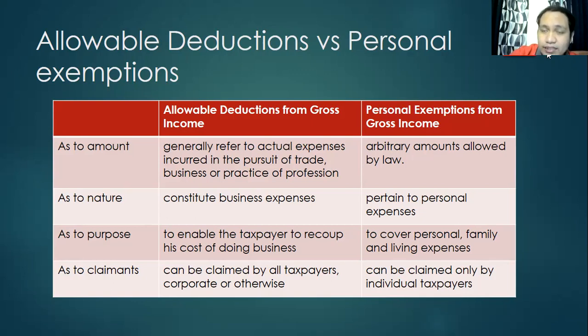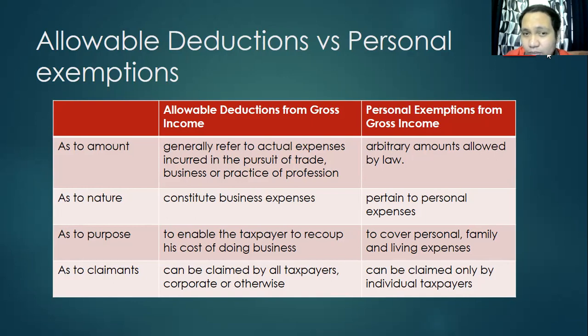Whereas personal exemptions, ito yung mga personal expenses, di ba? As to purpose, to enable the taxpayer to recoup his cost of doing business. So binibigyan ng batas ang mga nagbi-business, mga nagpa-practice ng profession nila na i-deduct yung mga cost of business nila. And it can be claimed by all taxpayers, maybe corporate or individual.